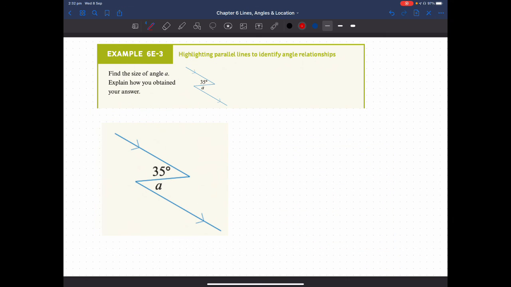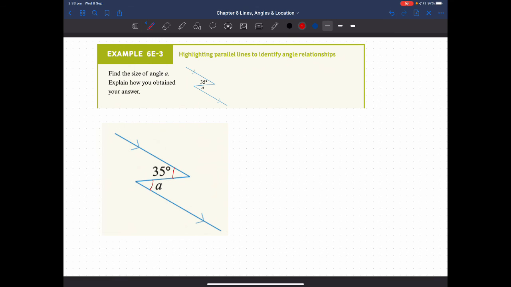For the third example, it says, find the size of angle A. Explain how you obtained your answer. We know this angle here is 35 degrees.